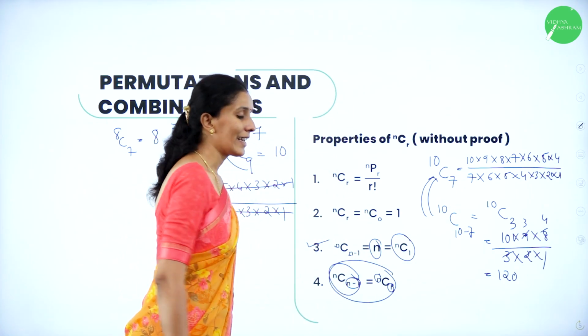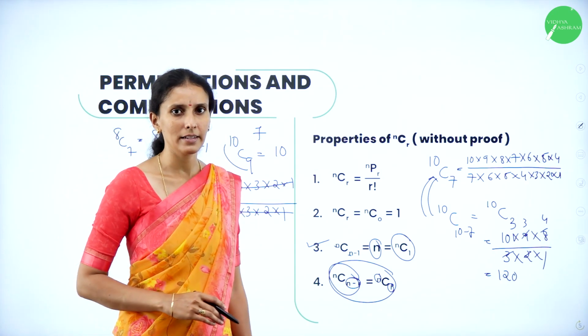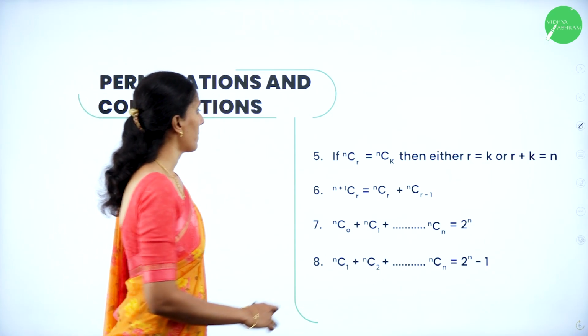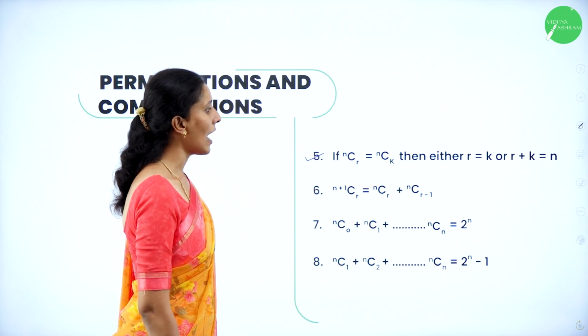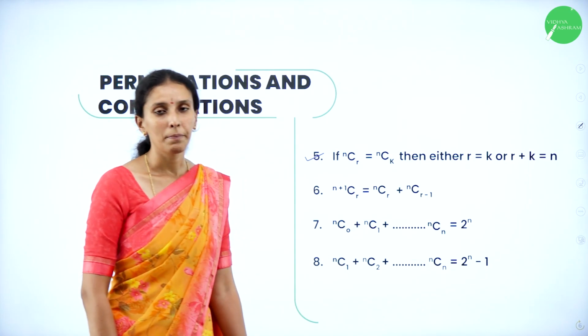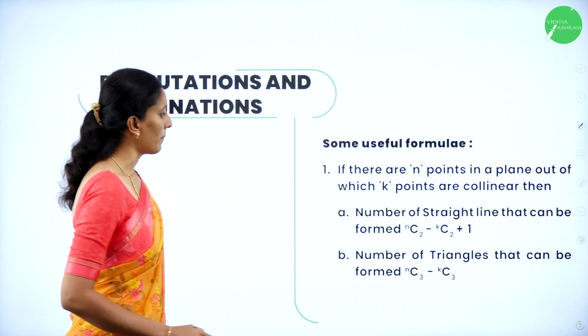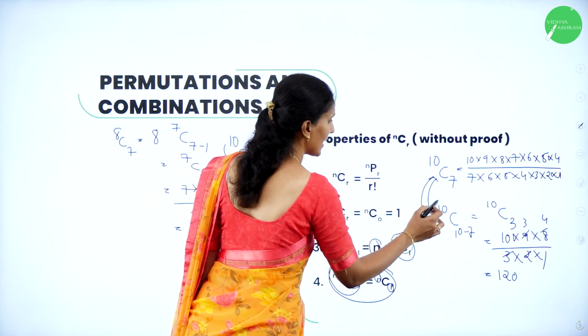So you can write nC(n minus r) as nCr, or nCr as nC(n minus r). Next property: if nCr is equal to nCk, then either r is equal to k or r plus k is equal to n. So in my previous example, we have taken 10C7 is the same as 10C3.